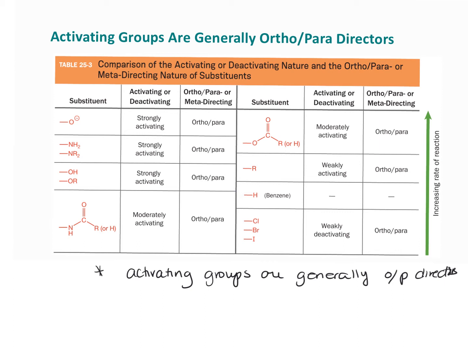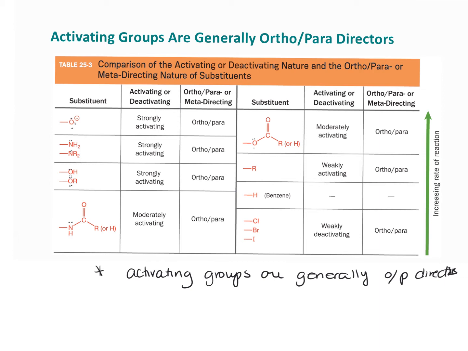Now, these trends break down because both the regiochemistry and the extent of the activation of the aromatic ring derive from essentially the same factors. Substituents that are electron donating, either through their resonance or inductive effects, stabilize the arenium ion intermediate and increase the overall reaction rate, so they're activating. These groups also stabilize the ortho-para arenium ion intermediates more than they do the meta intermediate. So they're ortho-para directors.